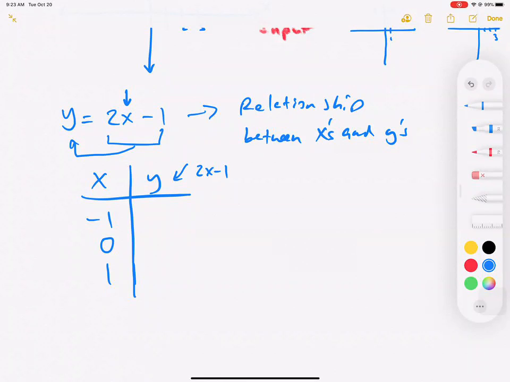So the way we do this is I'm going to write 2 parentheses minus 1, 2 parentheses minus 1, 2 parentheses minus 1. I want you to do that right now 3 times on your notes. Okay, x is -1. It's the function. It's going to do something to it, and I'm going to get my new y value.